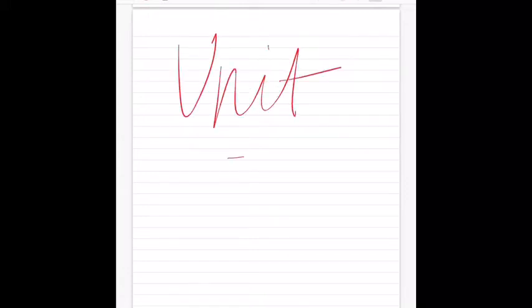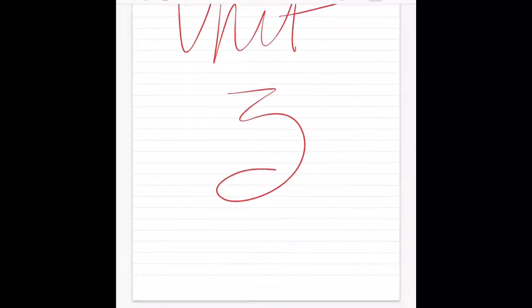What I want you to do first thing is we need a big old Unit 3 here. Just real big in your notebook. All right, and let's go on to the next page. So first thing that we are going to do is naming monatomic cations. Now, there are quite a few words that I just said that you may not know what they mean.